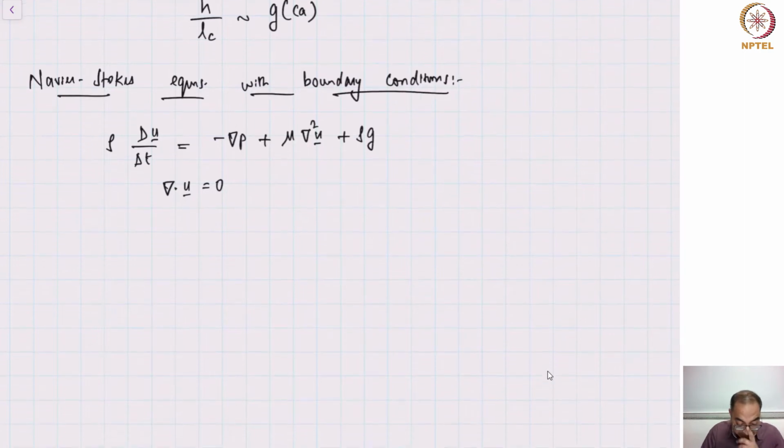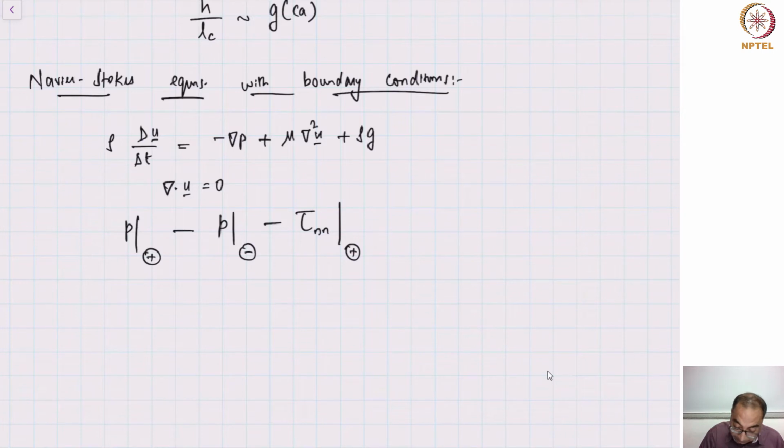And the normal stress balance that we know, I'll directly separate the normal stress balance into pressure terms and the deviatoric stress terms. We have P plus, P minus, the deviatoric normal stress plus, minus, and so on.